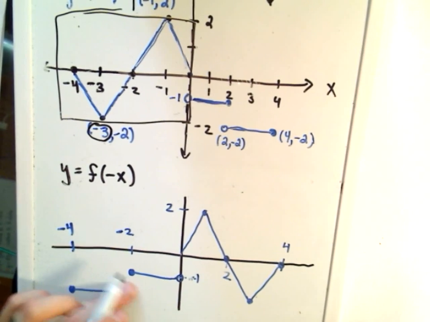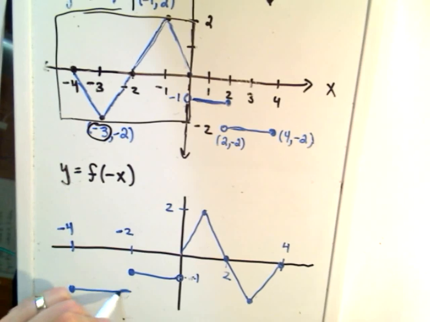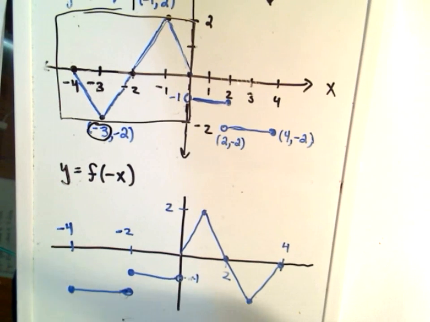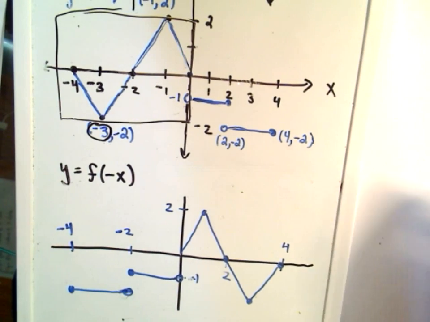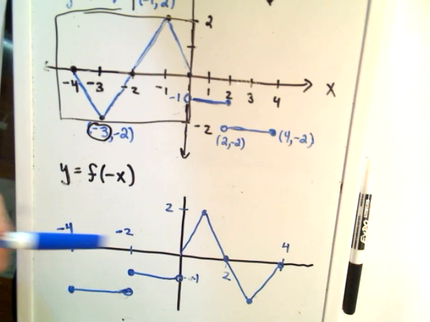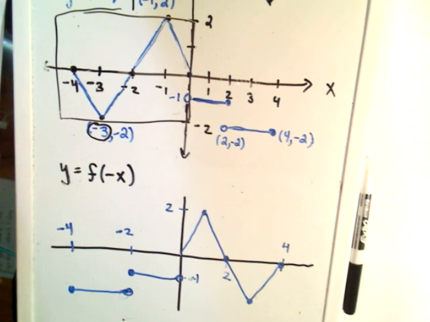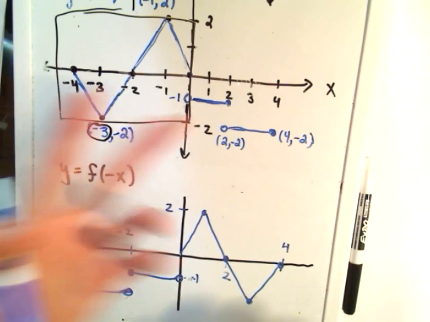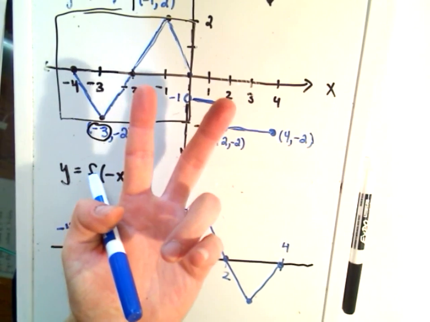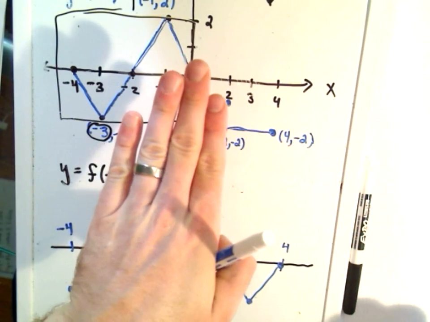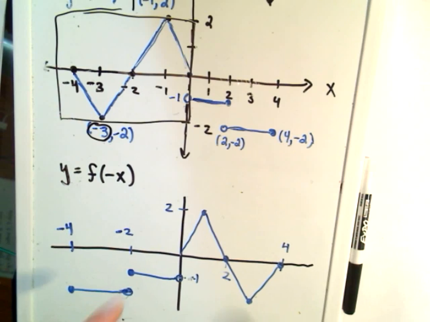This is supposed to be a flat little line, very sloppy little graph. But the idea is the shape is exactly preserved. The only thing that happens is you're just reflecting. If you have this on a piece of paper, just turn your paper over, and that new graph that you see is going to be f of negative x. So that's what the new graph will look like.